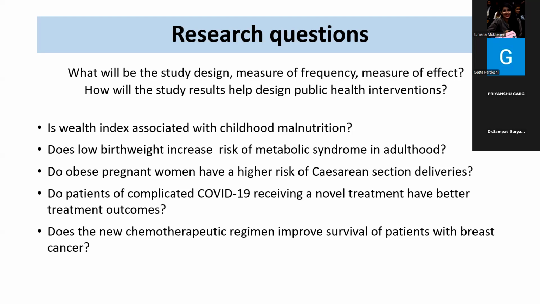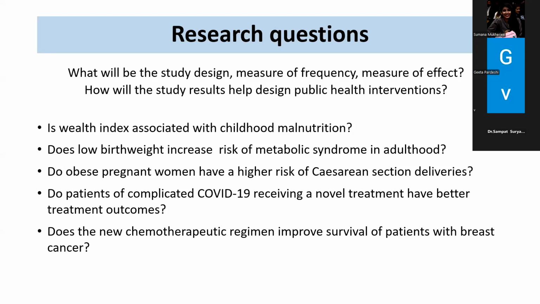Now, the third question is, do patients of complicated COVID-19 receiving a novel treatment have better treatment outcomes? So what would be the study design for this particular research, the ideal design? The interventional study. Yes.